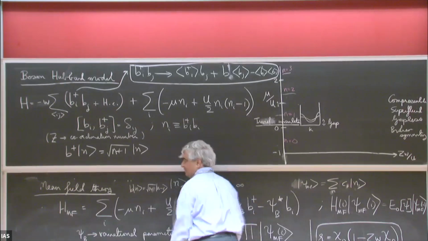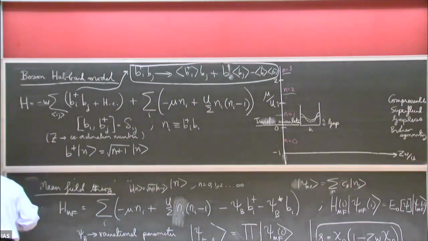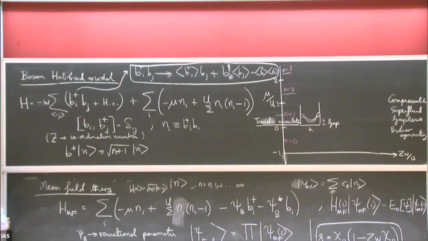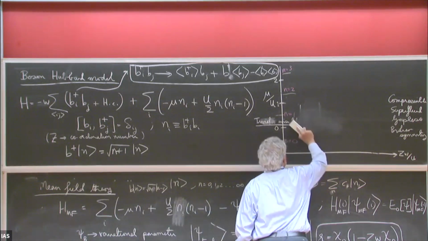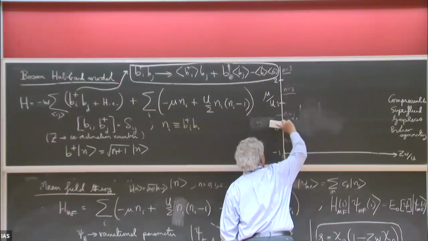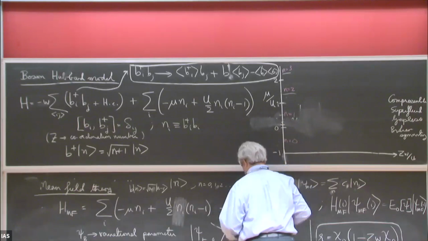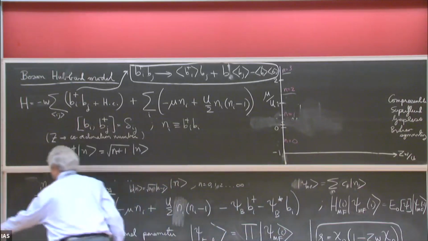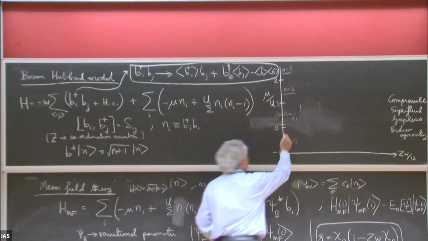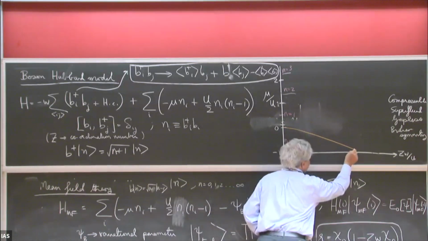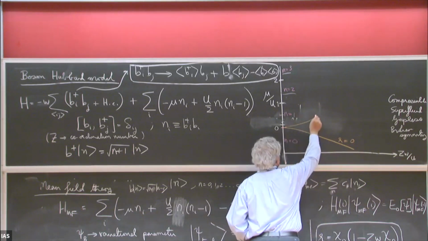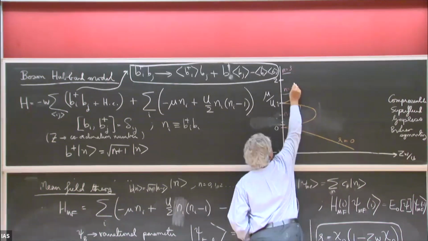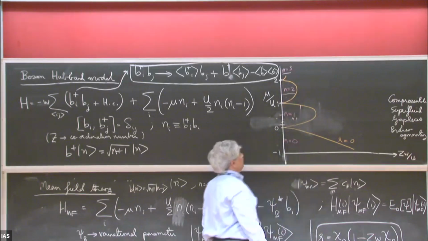So the curve looks something like this. This keeps going forever. This is the curve r equals 0. There are many branches of it, like this, and so on.